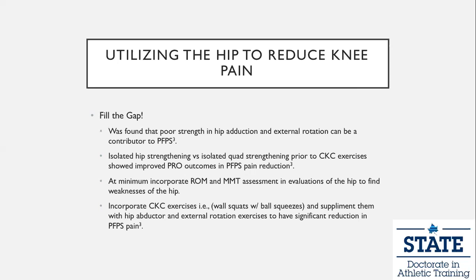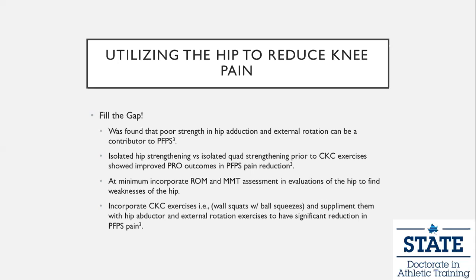And at minimum, clinically, I should incorporate range of motion and manual muscle testing in my evaluations of the hip to find any weaknesses or any clues that may lead to knee pain from that extremity.